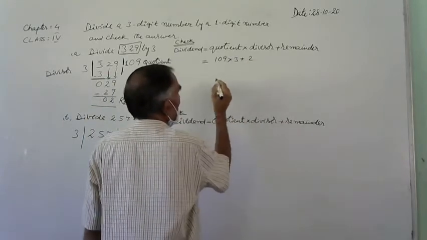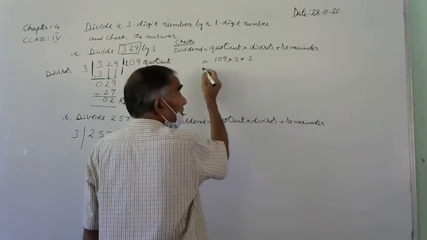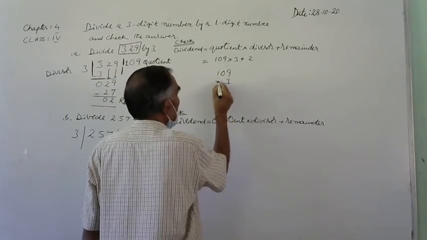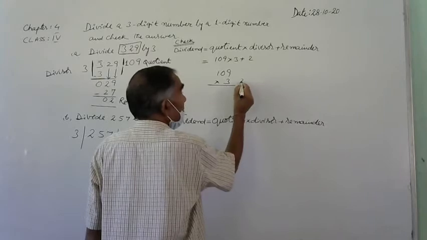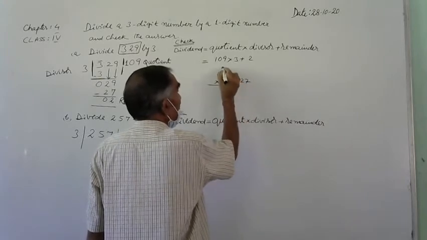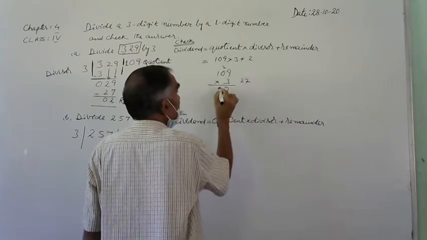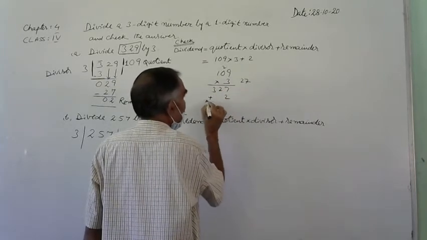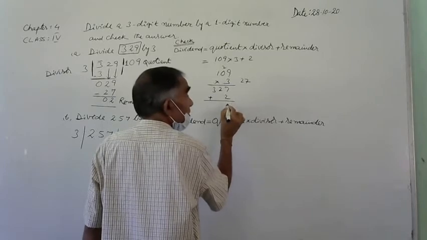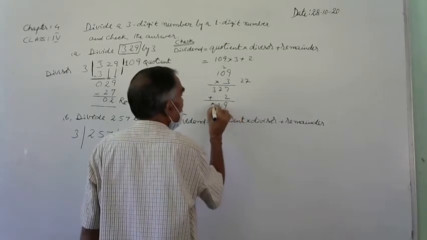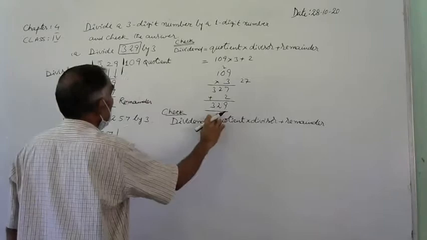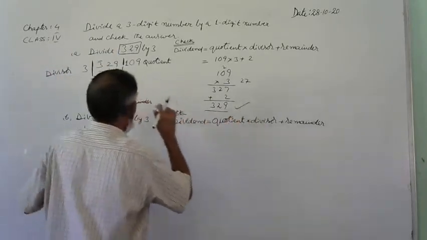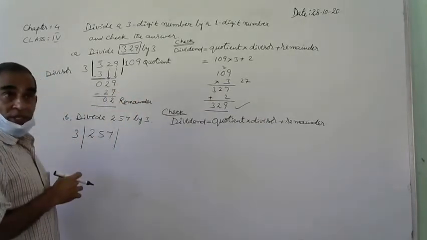You can check horizontally, or write it here: 109 times 3. 3 nines are 27, write 7 and carry 2. 3 zeros are 0 plus 2 is 2. 3 ones are 3. Now add the remainder: 2 plus 7 is 9, so 329. What was our dividend? 329. It means our process is right.